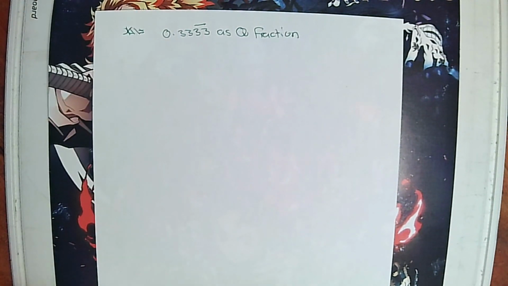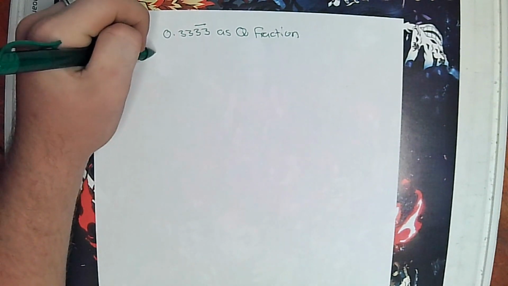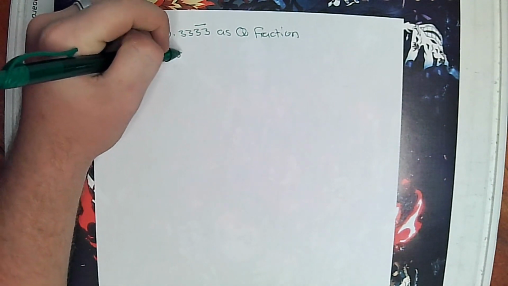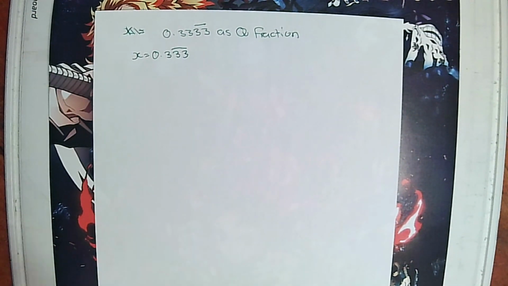How would you do that? Well, the first thing you'd have to do is set that repeating decimal equal to x. So we would say x is equal to 0.333 never ending, which is probably the example you did in class as well. But I really want you guys to understand this intuitively.